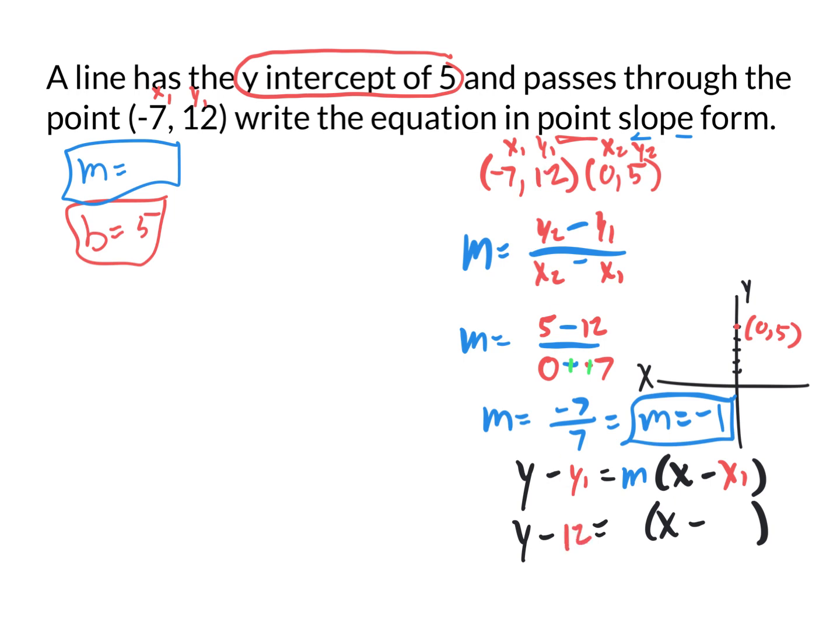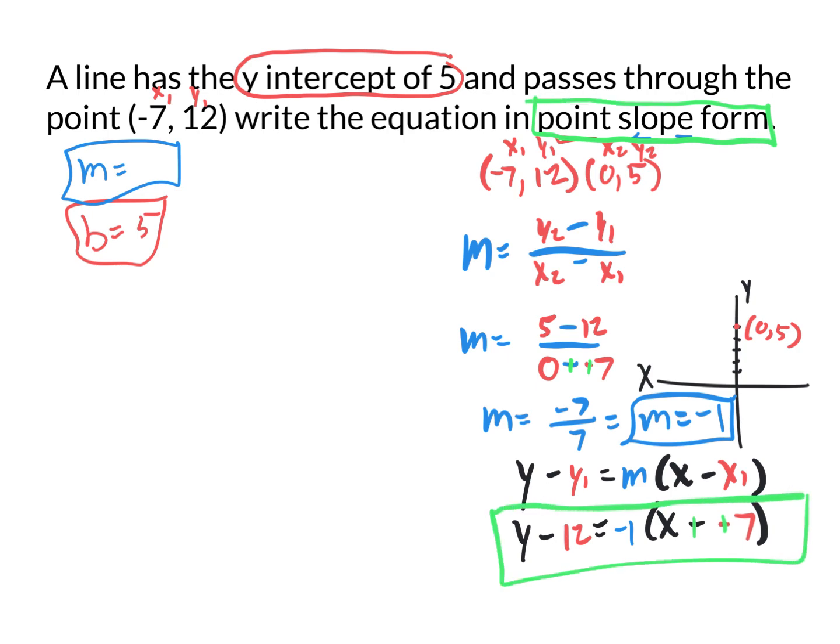The m value we see is -1, put a -1 right there. The x1 value is -7, put a -7 right in there. Change the minus minus to plus plus, and voila, we have our point slope form equation. That's what they wanted, that's what we have, that's what we type in, and we're good, okay? If you understand that, that's fantastic, all right?